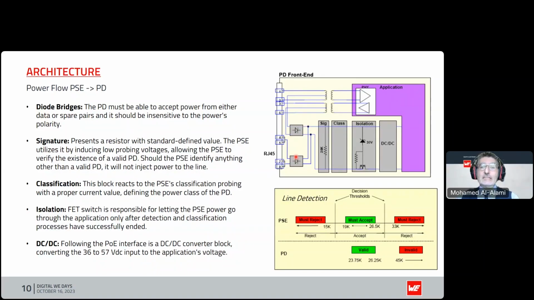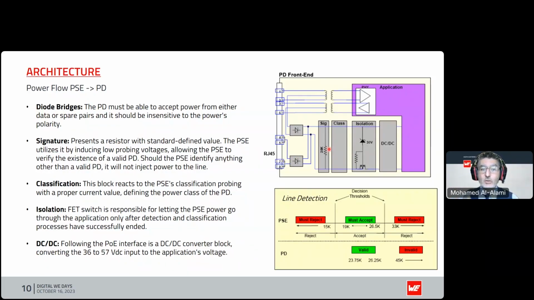The next thing is the signature. A signature is a type of resistor, 25 kilo ohm specifically, that is placed inside the PD. The PSE, the power sourcing equipment, which is the one sending the power, will send a low probing voltage across to the PD to look for this 25 kilo ohm resistor.